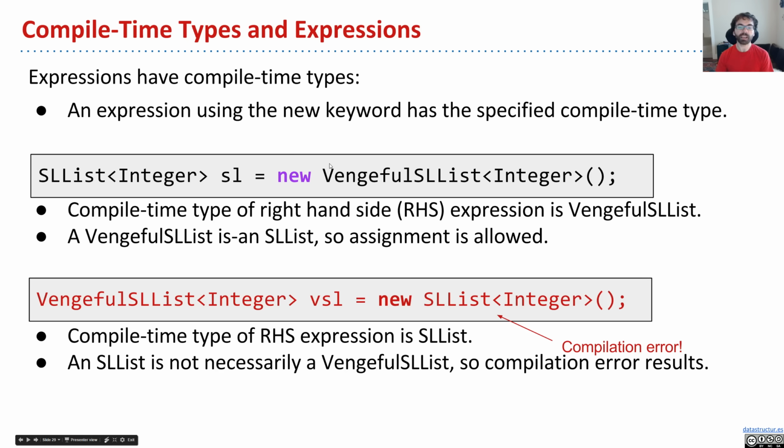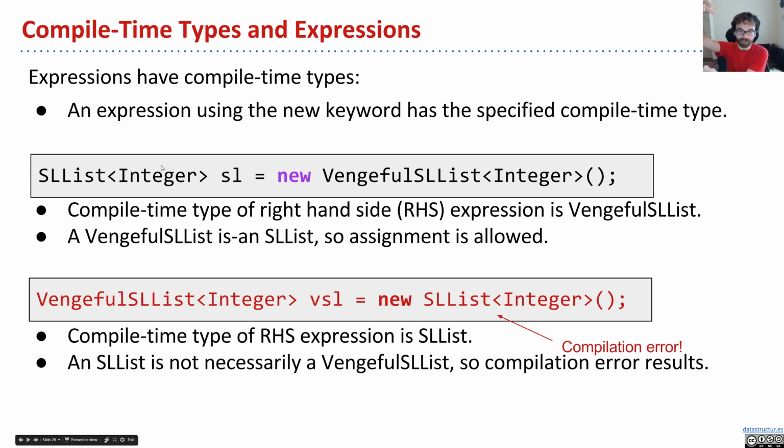First, an instantiation using the new keyword has some specified compile time type. So if I say new VengefulSList, you can think of this whole expression as having a compile time type of VengefulSList. And when Java is trying to decide whether this assignment is allowed, it asks: if this is a VengefulSList, and this is an SList, is a VengefulSList an SList?